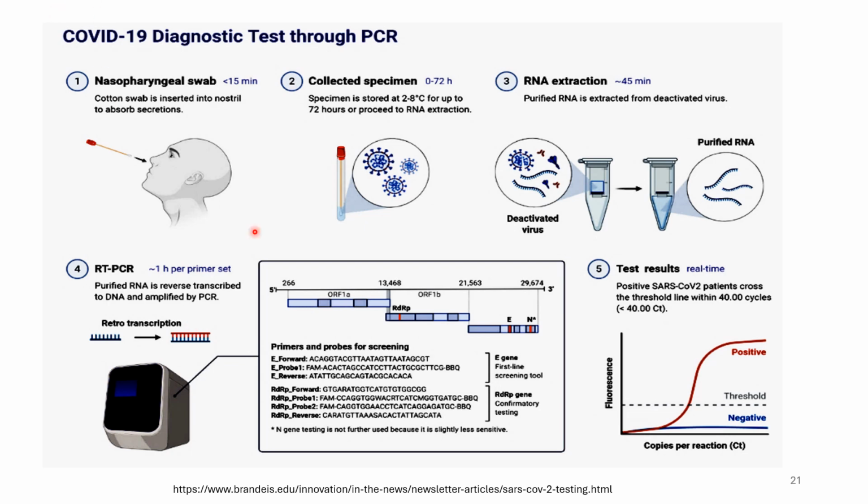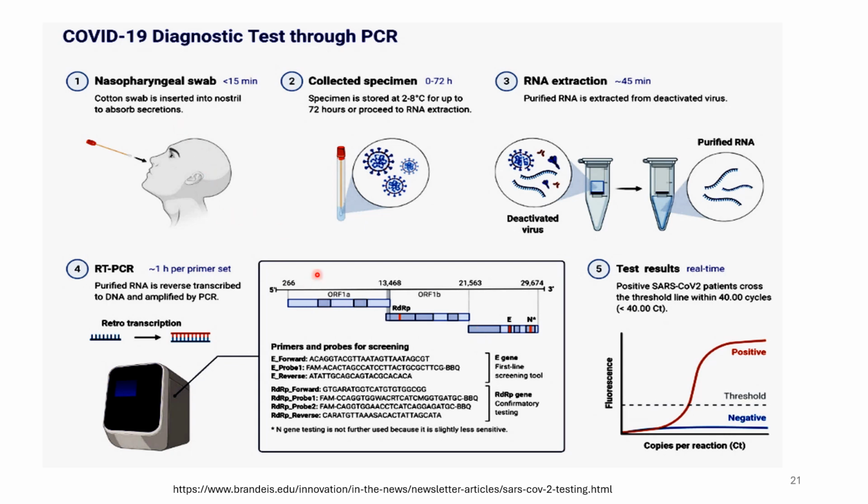The cDNA is then subject to PCR amplification. In real-time PCR, the amplification process is monitored in real time using fluorescent dyes or probes. This allows for detection and quantification of target gene sequences.